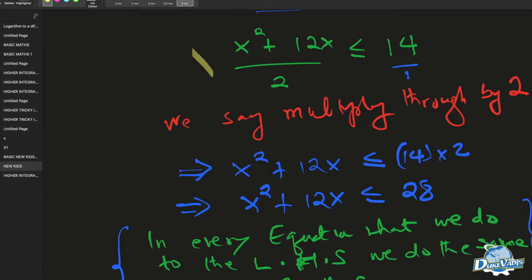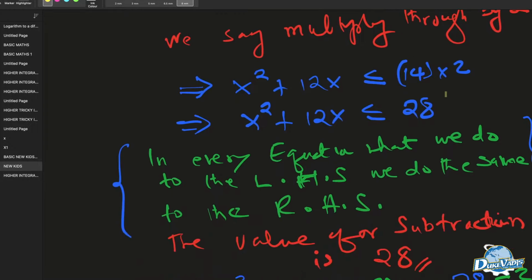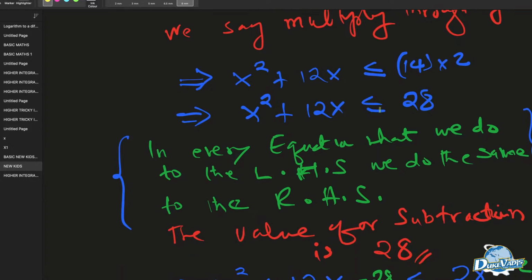We multiply on the right by 2 too, because whatever we do to the left-hand side, we do the same on the right. So x squared plus 12x is less than or equal to 14 times 2, which is 28.